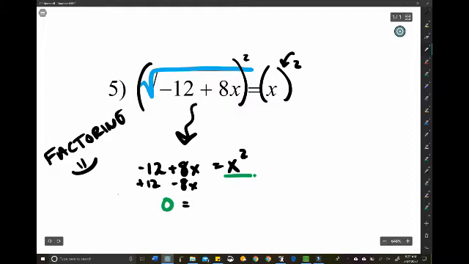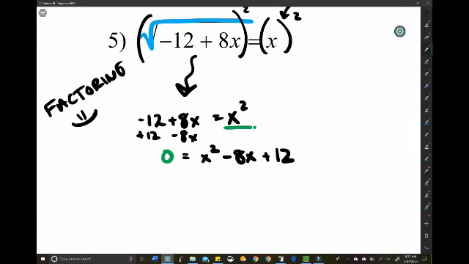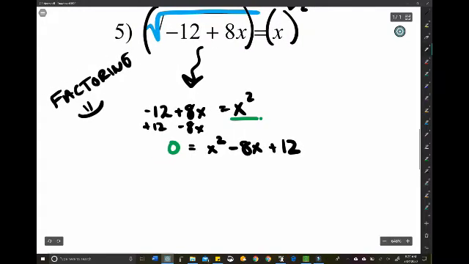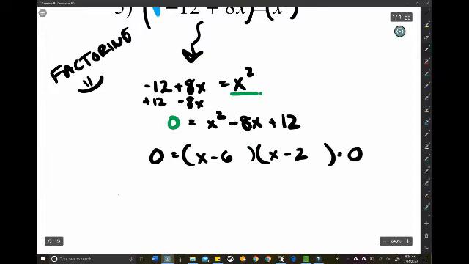So we have 0 is equal to x squared minus 8x plus 12. I believe for most of these, I made it nice for you so that we don't need the quadratic formula. Remember your factoring skills: factors of positive 12 that add to negative 8 are x minus 6 and x minus 2. 6 times 2 is 12, and negative, negative gets you there. Now we're solving.